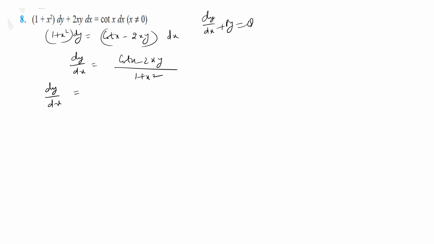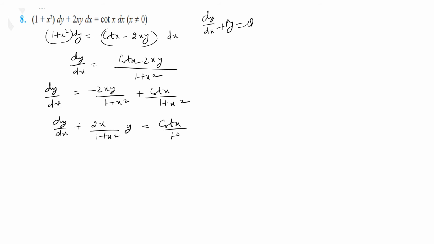The term involving y will go to the left hand side, and the coefficient of x will frame your q. So we can see clearly what we are getting as p and what is q.